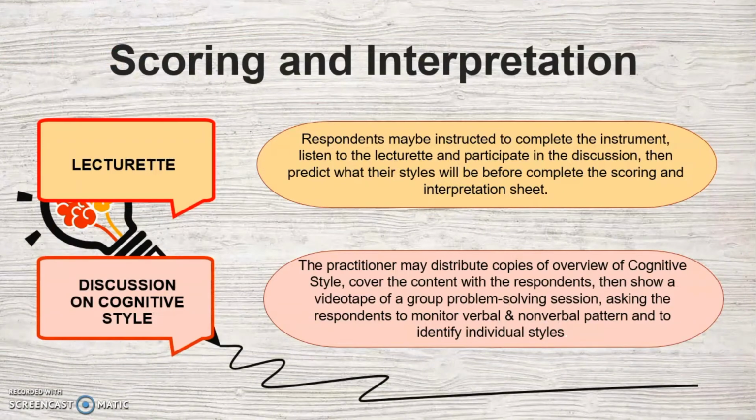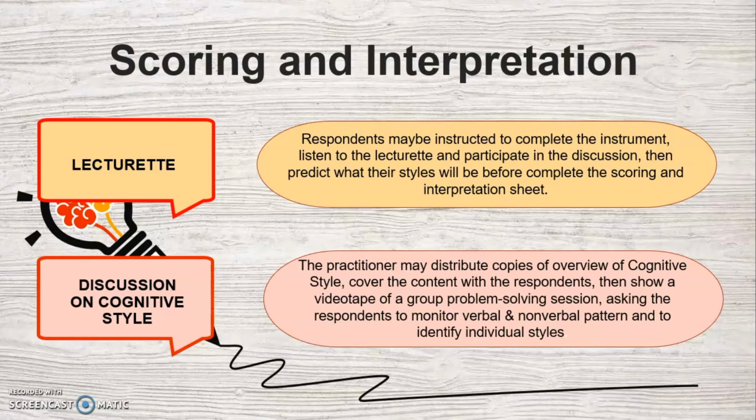Scoring and interpretation. It is advisable to follow scoring and interpretation with a lecture and discussion on cognitive style, if the practitioner prefers. Respondents may be instructed to complete the instrument, listen to the lecture, and participate in the discussion, then predict what their style will be before completing the scoring and interpretation sheet.